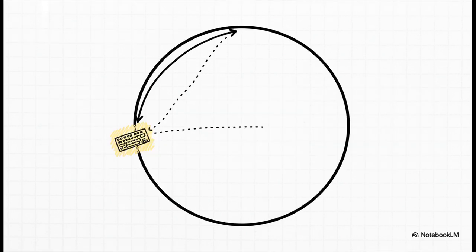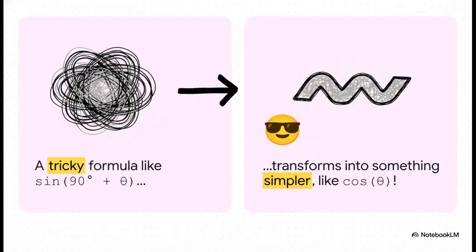Okay, but what happens when you face an angle that's bigger than 90 degrees? Something that takes you out of realm I and into the others? Well, for that, we have another secret cheat code to make things way easier. So, check this out. You might see something tricky like sine of 90 degrees plus theta, and that looks tough, right? But hold on, just think about our map.